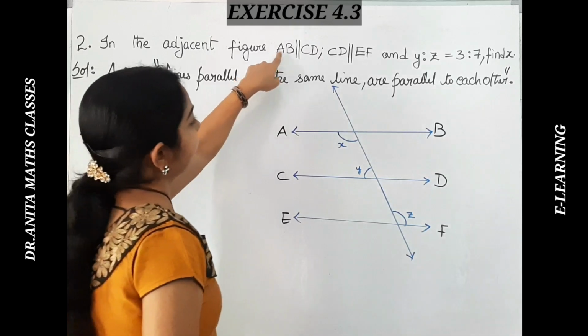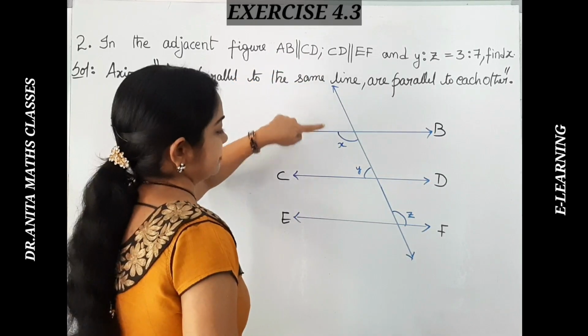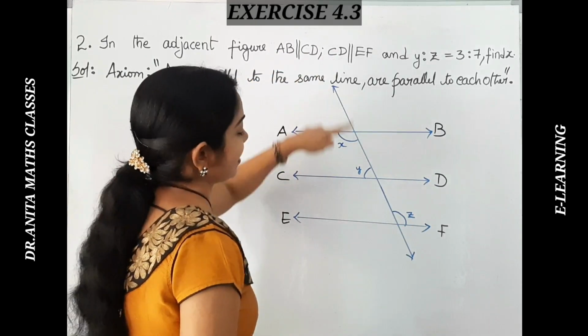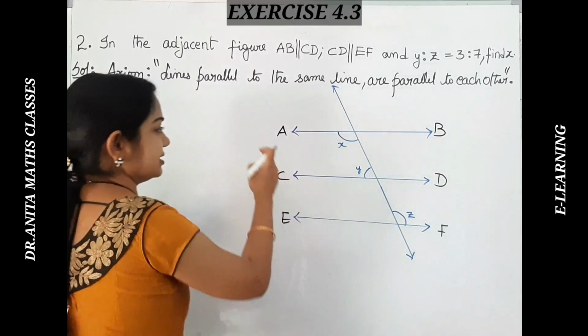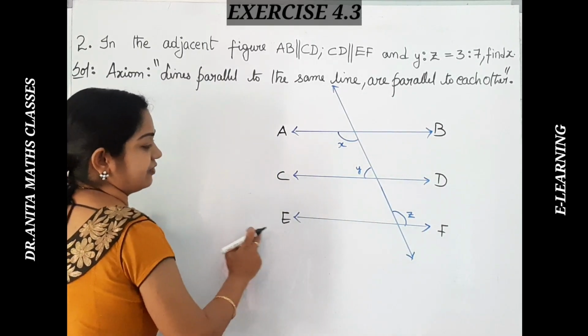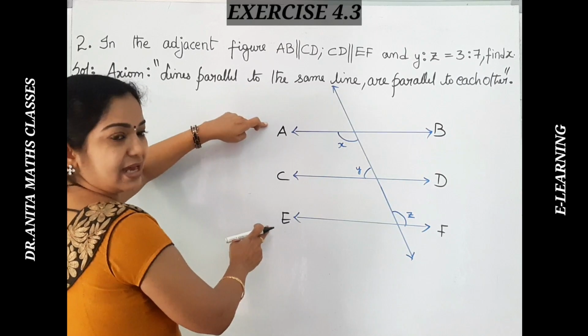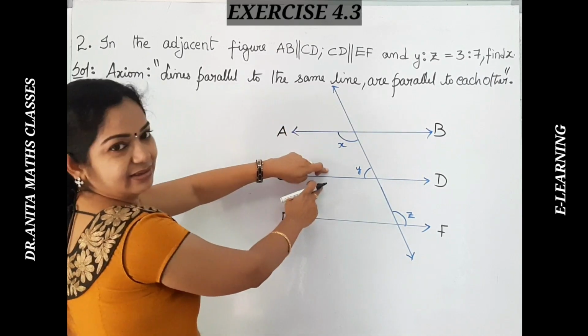See here, AB line is parallel to CD, and again CD is parallel to EF. Now if you see the AB and EF lines, these two lines are parallel to the same line.